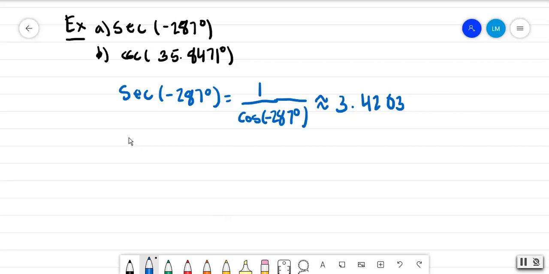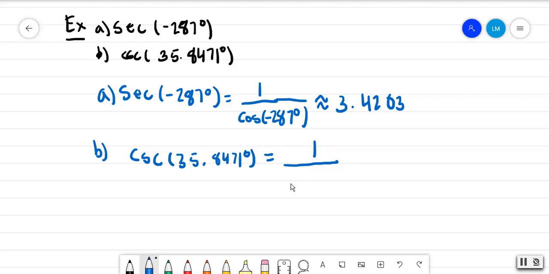Now, similarly, part B says that you have cosecant of 35.8471 degrees, which is the same thing as 1 divided by sine of 35.8471 degrees.